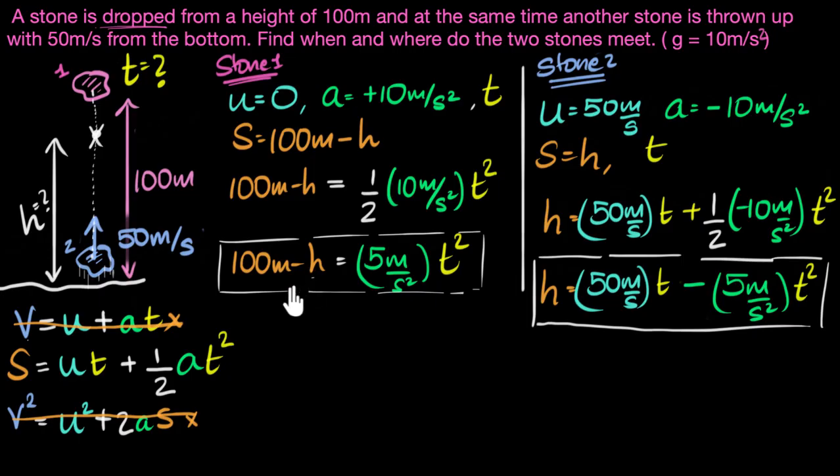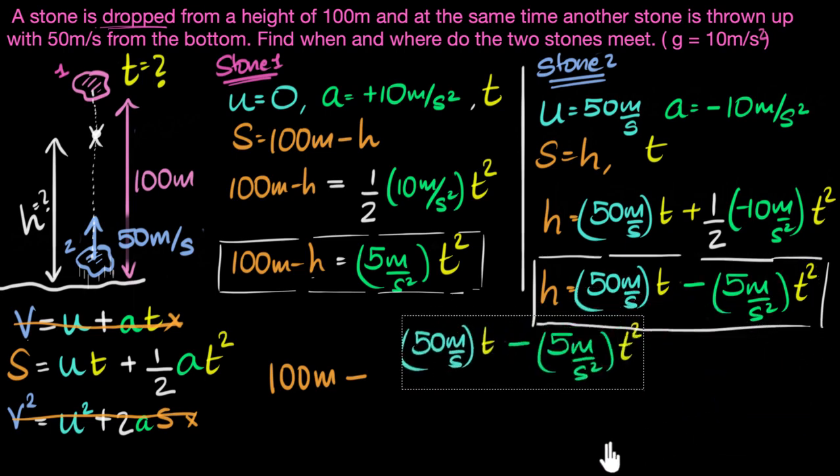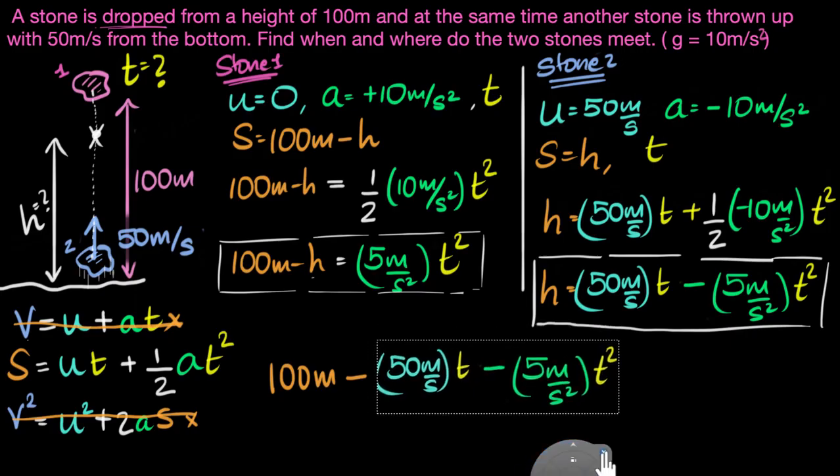All right, so let me write this equation down. So if I write this equation down, I'll get 100 meters minus h, which I'll substitute from this equation. So let me just go ahead and copy that part and paste it over here. So that's my h. So let me put that in bracket.